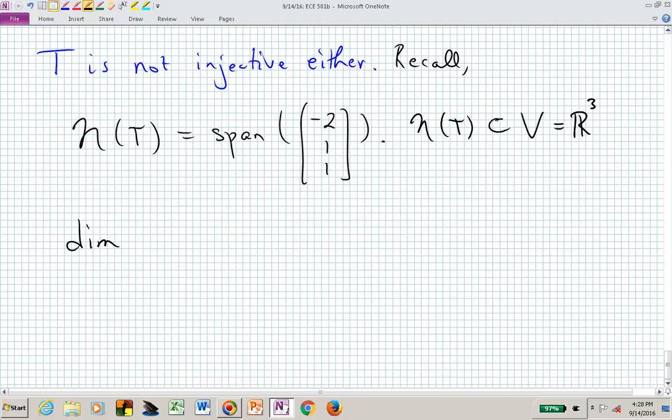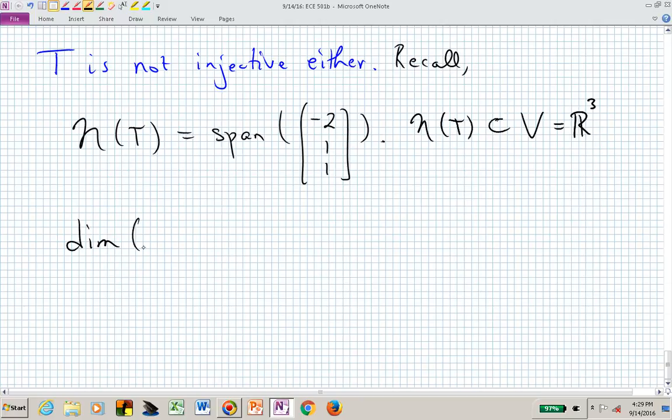We want a trivial null space, don't we? We want the only vector in the null space to be the additive identity in our input vector space. So for that map to be injective, we would need the only vector to map to the 0 vector in the output to be the 0, 0, 0 vector, and that's not the case. We have a non-trivial null space.